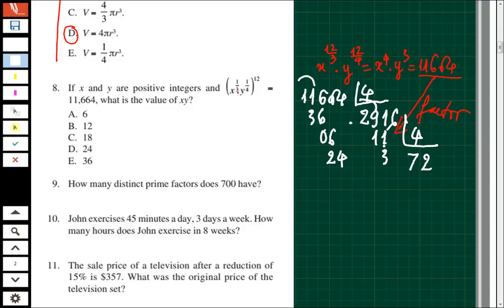It is number 3. Put 6 down here, and 9. We have here 11,664 equal 2 squared, squared, hence we have 2 raised to the number 4 times 729.